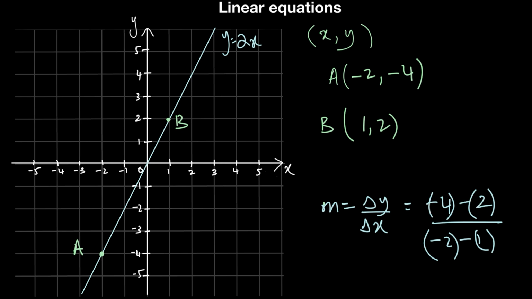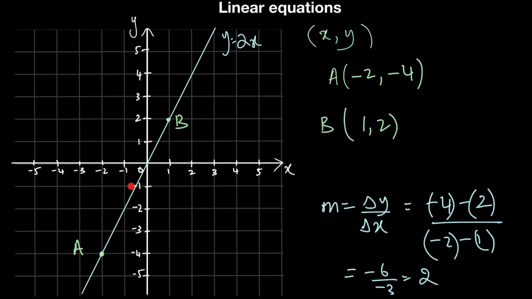So my change from B to A, my change in y is -6, whereas my change in x is -3. I move from right to left and I move downwards. So my slope comes out to -6 over -3, which is again equal to 2. So it doesn't matter whether I choose A or B as the start point. My slope will always come out to the same value.